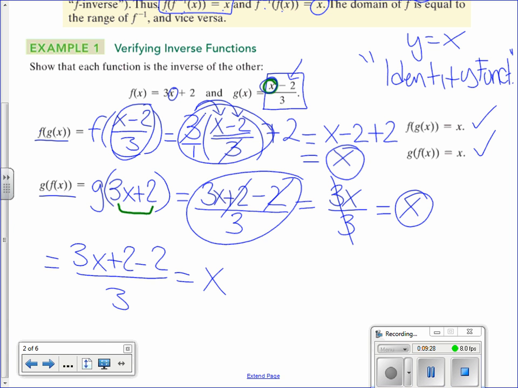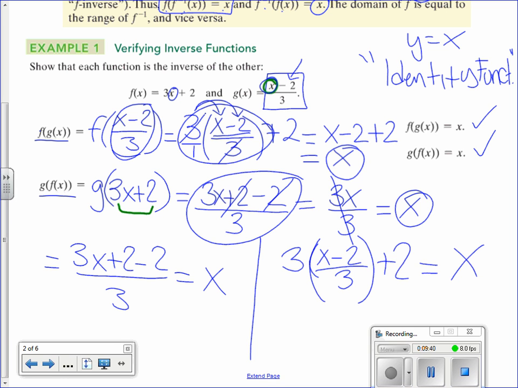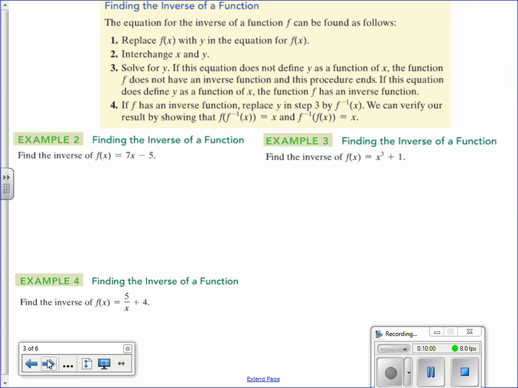On the other side, if you do something like 3 over x minus 2 over 3 plus 2, and you just tell me that is equal to x, I'm not going to believe you. You need to show me step by step. Okay? If you are not sure, you can ask me during the test. Here we were just checking if one was the inverse of the other. Do you guys have any questions about that? Okay, so we're going to go to the next slide.